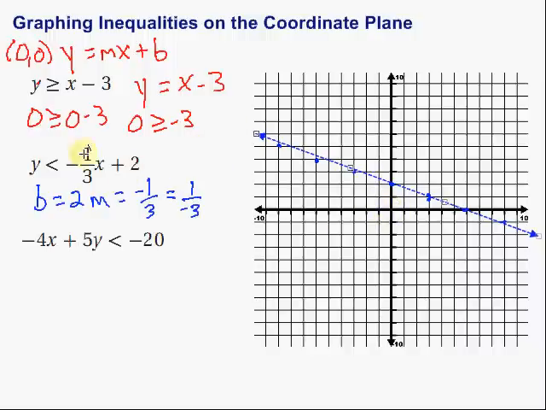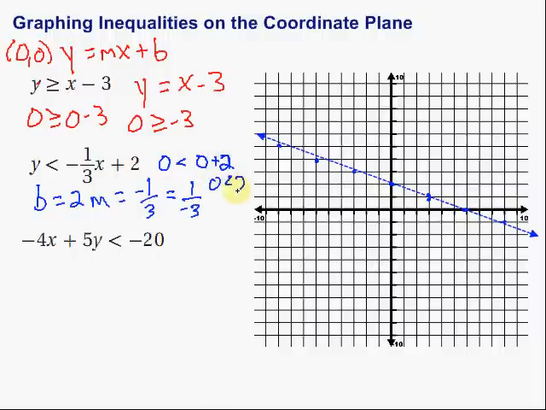So I'm going to fill in 0 for x and 0 for y, so that gives me 0 is less than -1/3 times 0, which would just be 0, plus 2. So, is 0 less than 2?